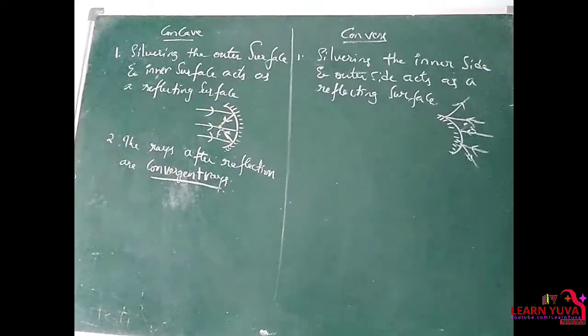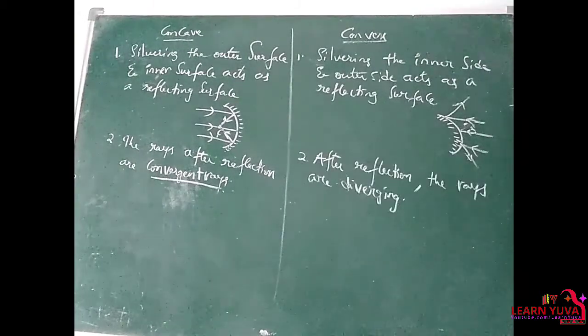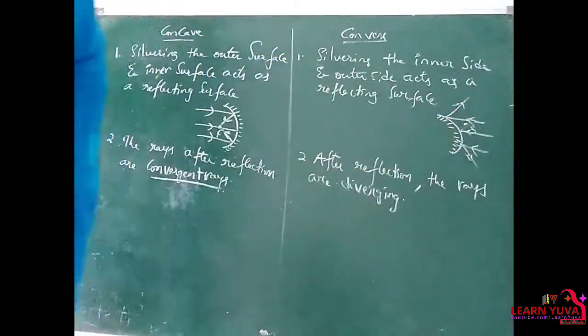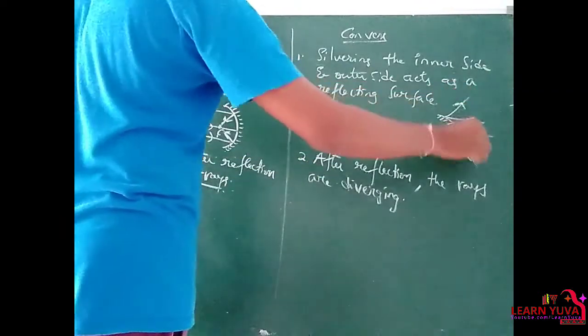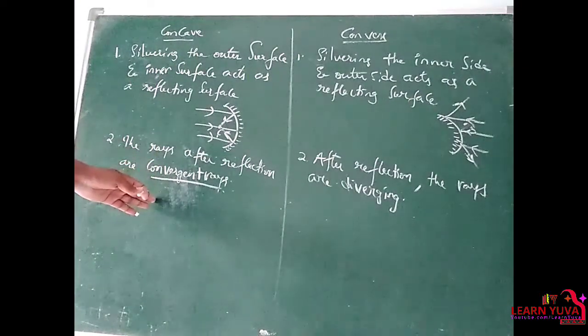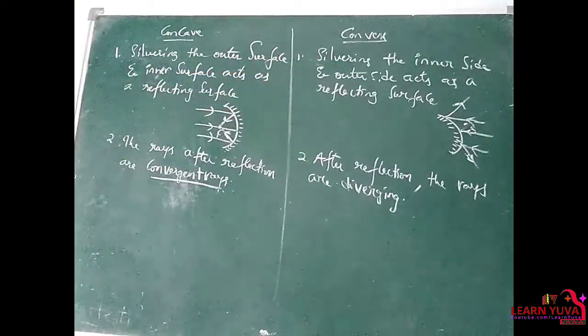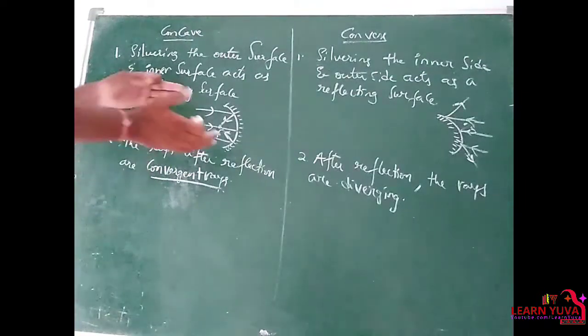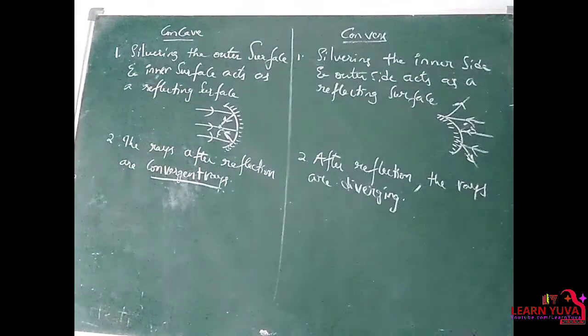So the concave mirror acts as a converging mirror, whereas in the case of a convex mirror, whenever light falls on it, after reflection the rays diverge in different directions. So the concave mirror acts as a convergent beam of light and the convex mirror acts as a diverging beam of light. That means the rays travel in different directions in the case of a convex mirror, and the rays meet at a particular point in the case of a concave mirror.